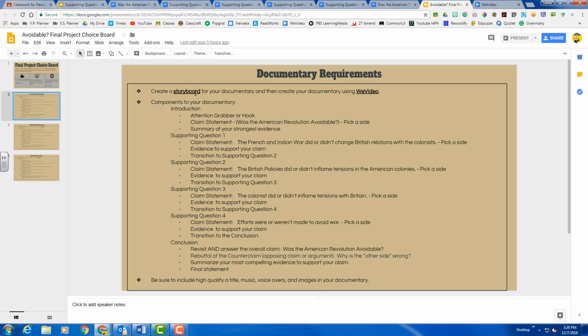You write it up like a document where you have slide 1, slide 2, each of the pictures you provide and what you're going to say along with each of those pictures. Or just put together a storyboard, and I can show you a copy of that. I have plenty of them for you. And then you're ready to create your documentary in WeVideo.